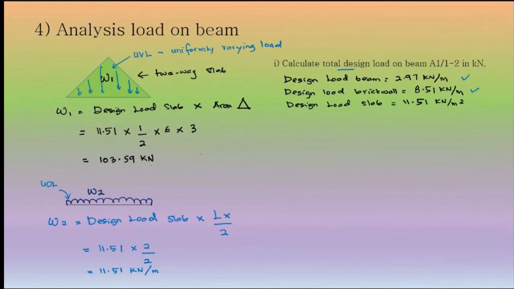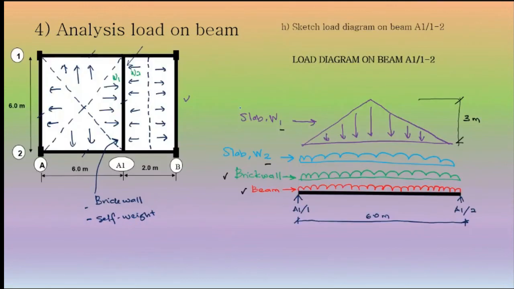W1 already in kilonewton and W2 in kilonewton per meter also. So what we are going to do is to convert all these three loads into kilonewton. How to convert? It's very easy. For example, this beam in kilonewton per meter. So how to get kilonewton? We times with the length of the beam. Because all the loads are allocated along the span of beam for 6 meter.